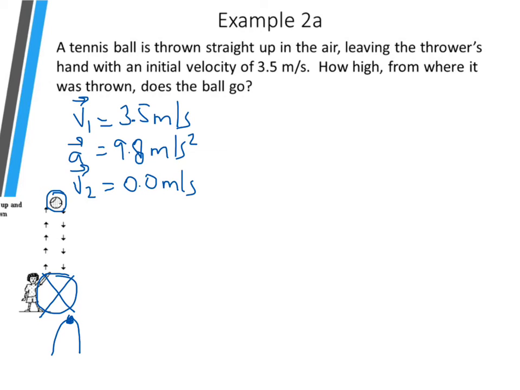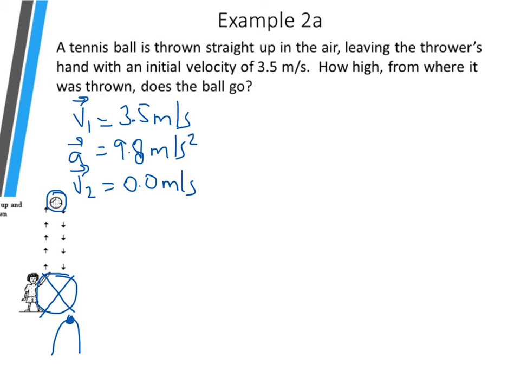So that means our V2 there is 0 meters per second. It has to stop before it can start coming back down. So at the very top of that parabolic motion, we have a V2 of 0.